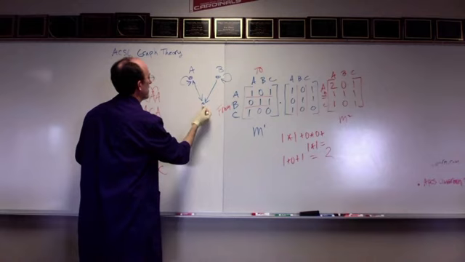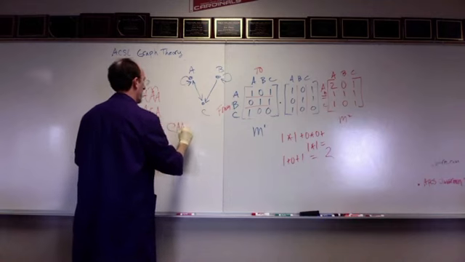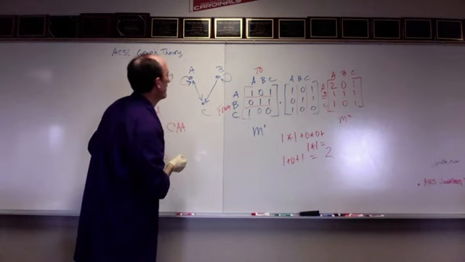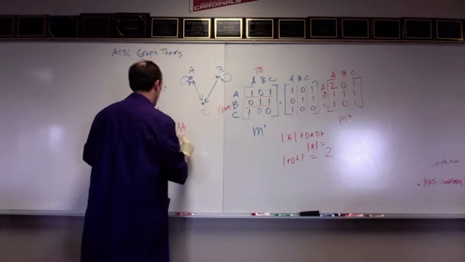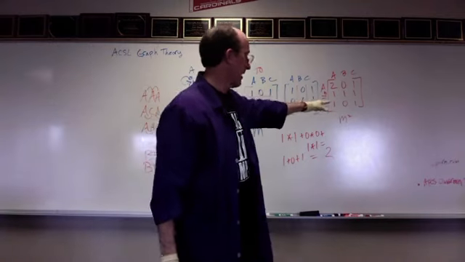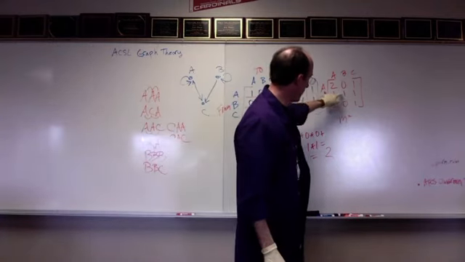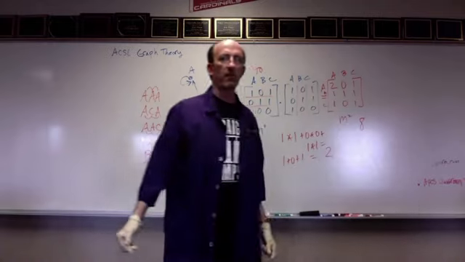C to A is going to be CAA. And then C to C is going to have to be CAC. Okay? And that's the whole M2. So that tells us we got 2, 3, 4, 5, 6, 7, a total of 8 paths of length 2.